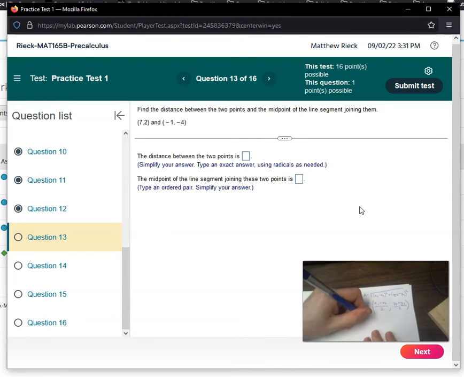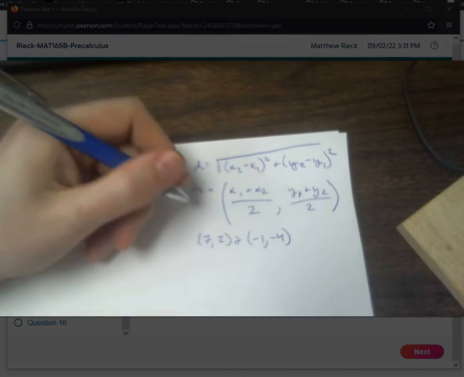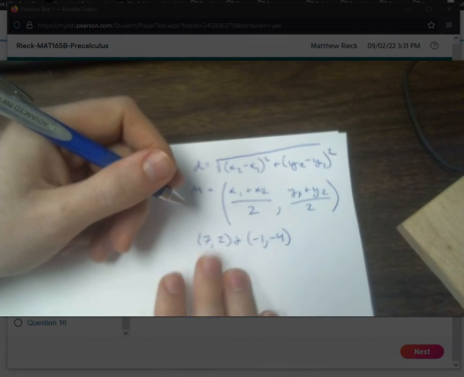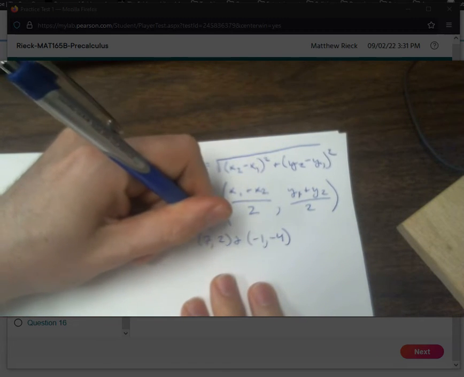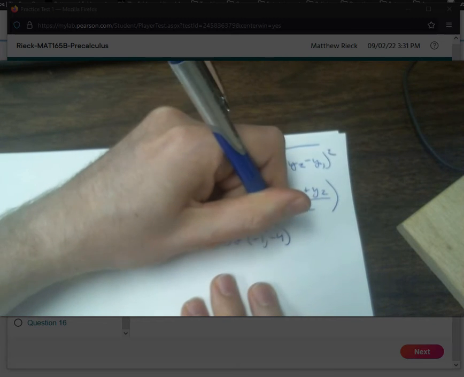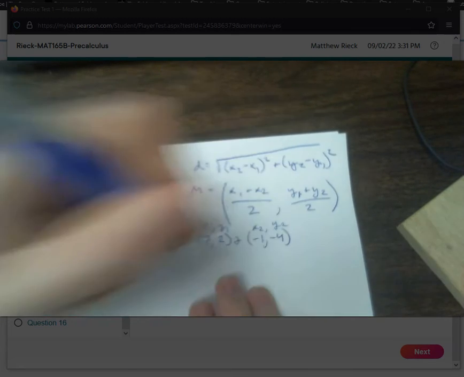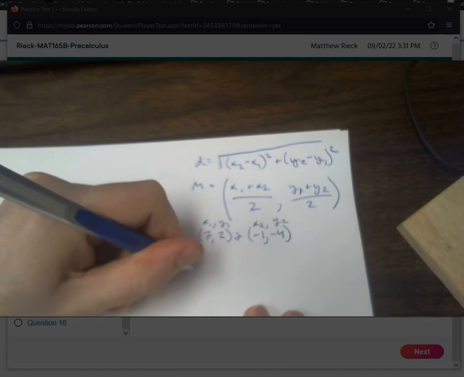All right, so in this case, I have the 2 points, (7, 2) and (-1, -4). Your coordinates are listed with the x value first, so you follow the rules of the alphabet. So 7 is x1, 2 is y1, -1 is x2, and -4 is y2.